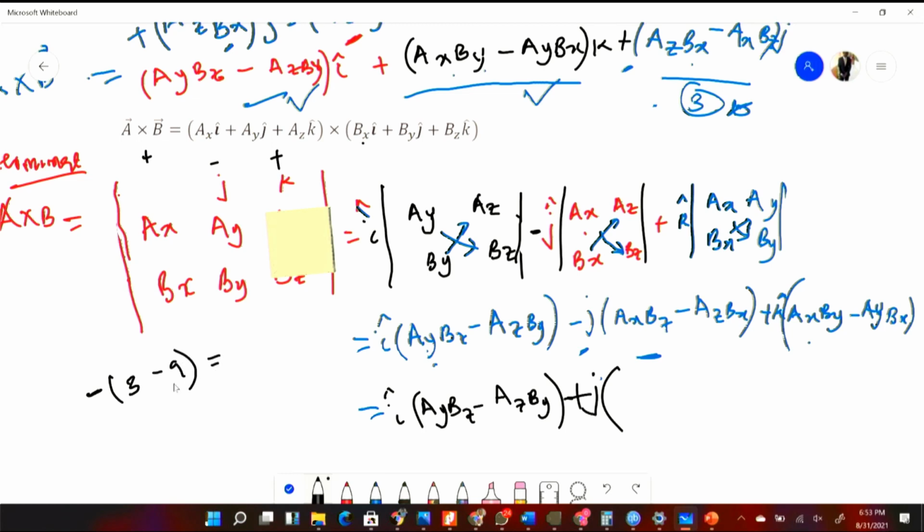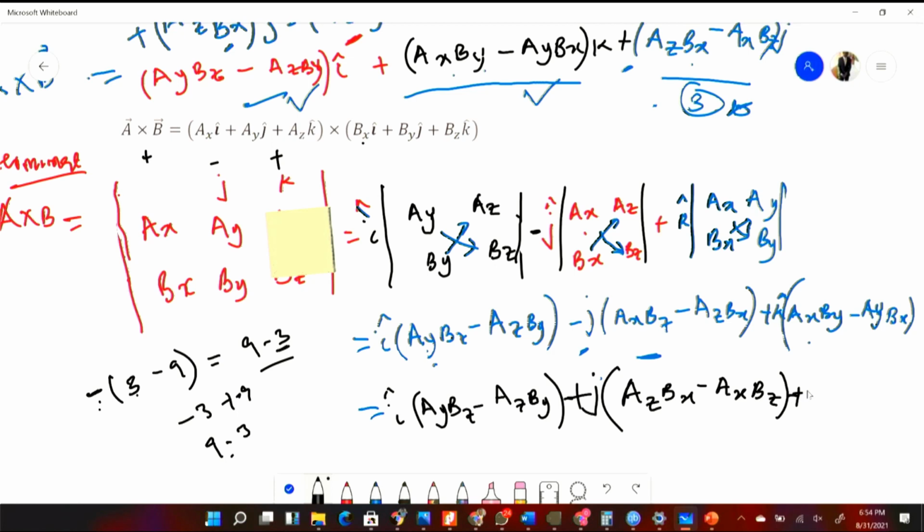It's the same as opening up the bracket to be 9 minus 3. Because minus times positive 3 becomes minus 3, and minus times minus becomes positive 9. So it's the same thing as minus 3 plus 9, which is the same thing as 9 minus 3. So what we have here is minus, multiplying this becomes minus ax bz, and this becomes positive az bx. So instead of writing minus ax bz plus az bx, we can write the positive at the front and the negative after the expansion of the sign at the back.